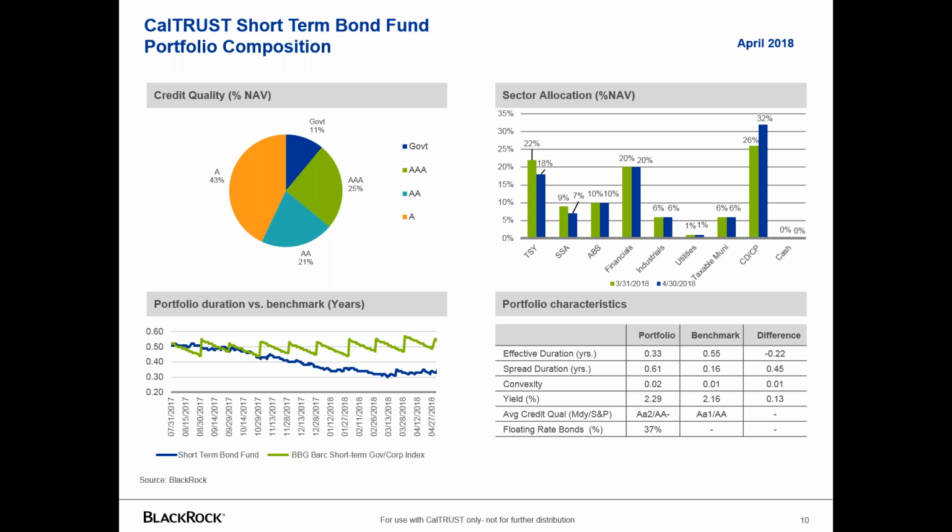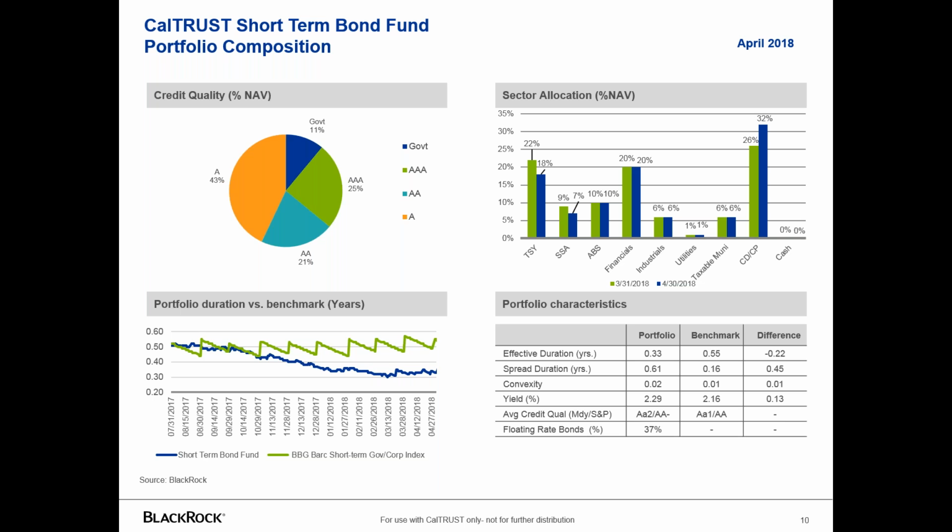A couple of things I'd like to point out that we've done and changed over the last month. You see on the upper right-hand side, the Treasury exposure has been decreased from 22% to 18%. On our last call, we talked a little bit about some of the dislocations that occurred in some short-term rates, whether it be T-bill rates or LIBOR rates, and that really allowed us an opportunity to make investments in commercial paper and CDs during the last 6 or so weeks.